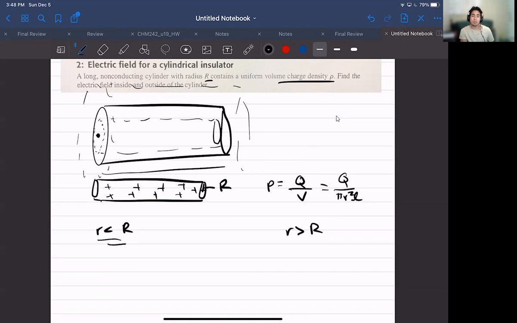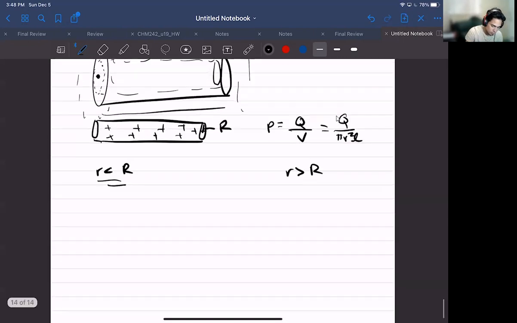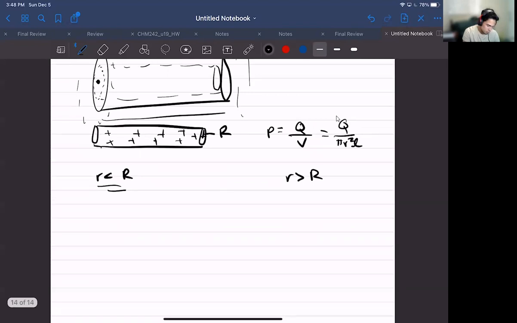For that, what I just did was draw the Gaussian surface, and that's going to allow me in a very easy way to find the electric field. What Gauss's law says is that the flux is equal to the electric field times the area, and that in turn equals the charge enclosed by that surface divided by the constant epsilon naught.